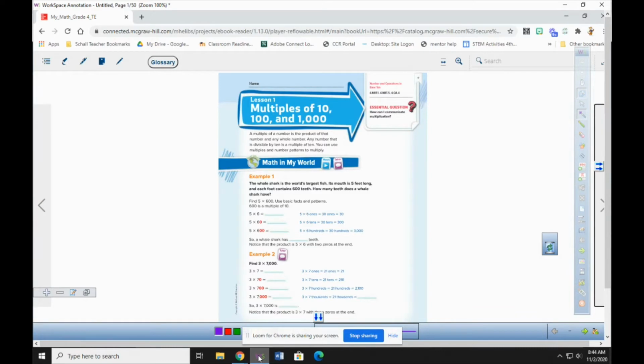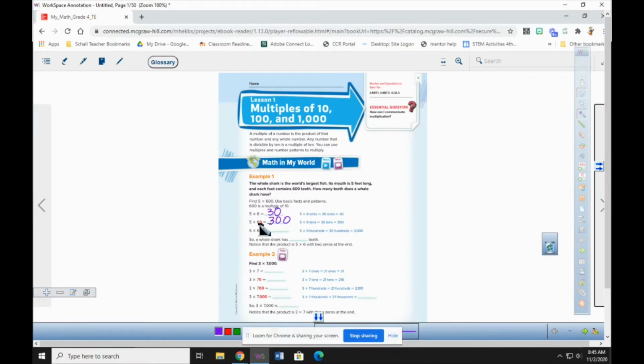600 is a multiple of 10. So we're going to figure out that most basic math fact, 5 times 6. 5 times 6 is 30. Then we're going to build up from there by using patterns. If 5 times 6 is 30, then 5 times 60 is 300.